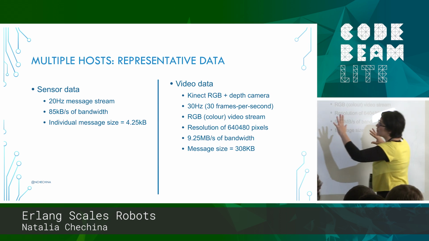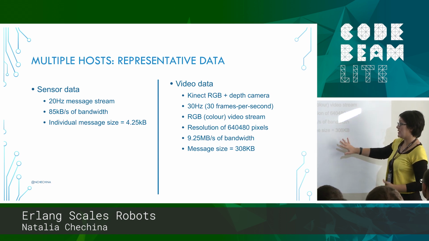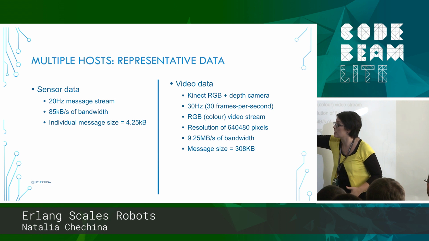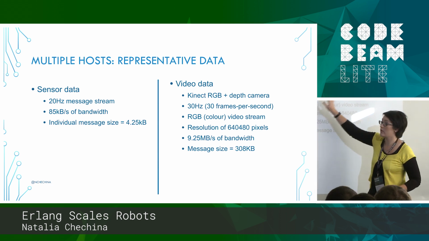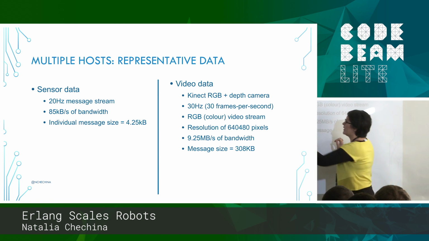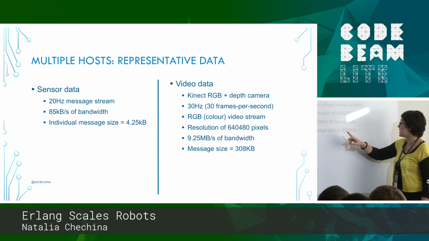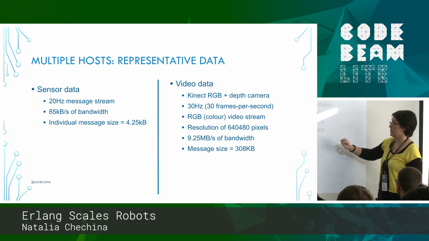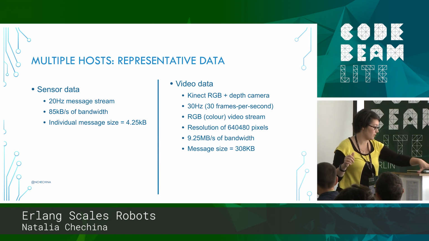The main difference is the size of the messages. The frequency is 20 for the sensor and 30 for the video, but the message size is 25 kilobytes versus 300 kilobytes, so about 10 times larger.